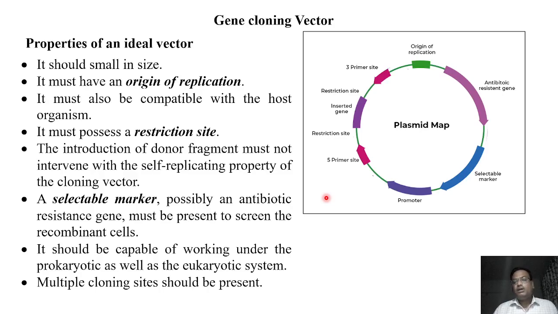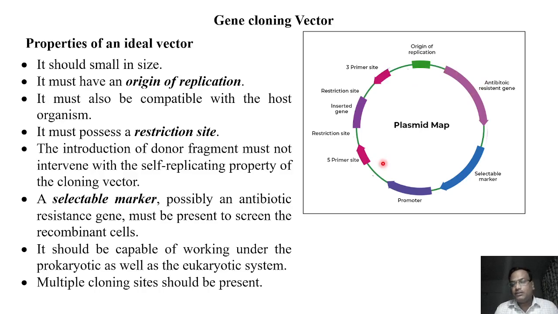So smaller the DNA molecule, it will be very easy to manipulate. So that is the main idea. It must have an origin of replication. So origin of replication is a site from where the DNA replication starts. If this is a vector, we are going to insert the gene of our interest into this, and this will be introduced into the target cell.